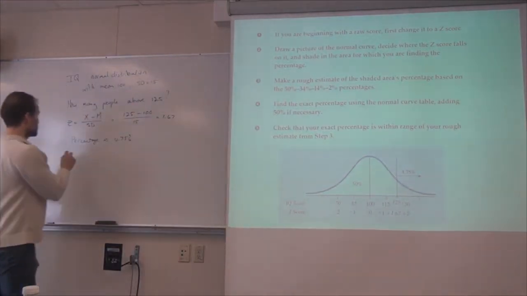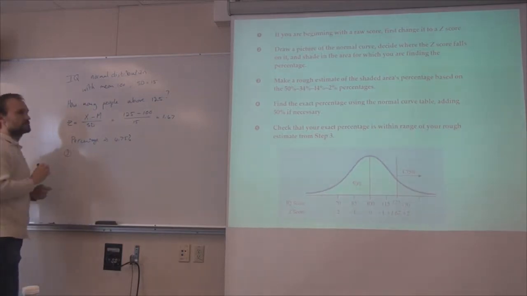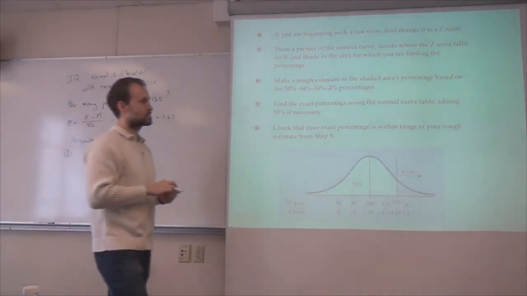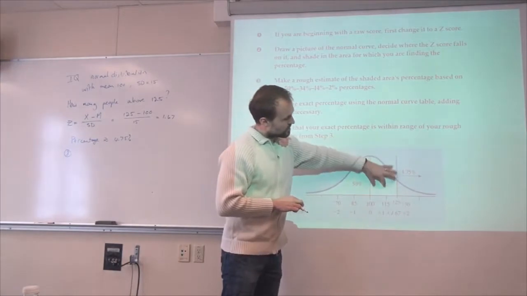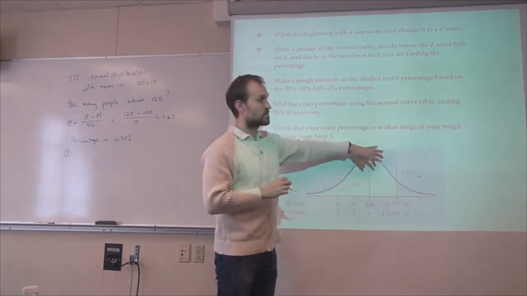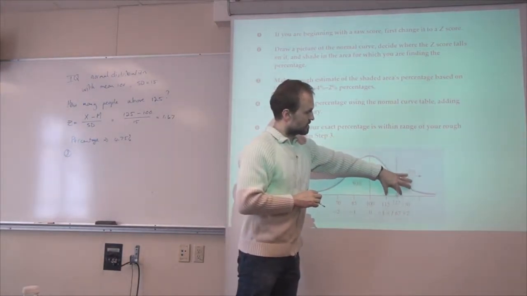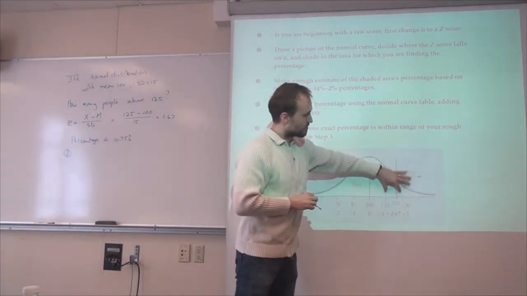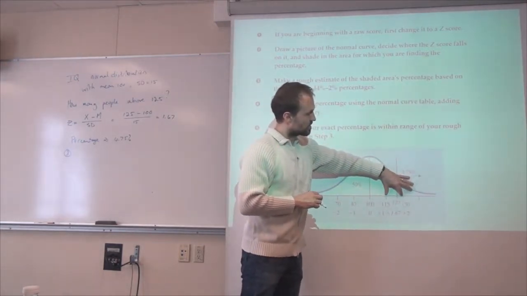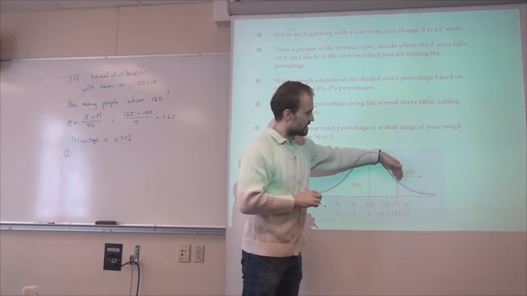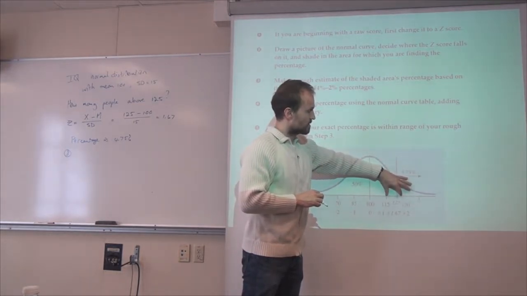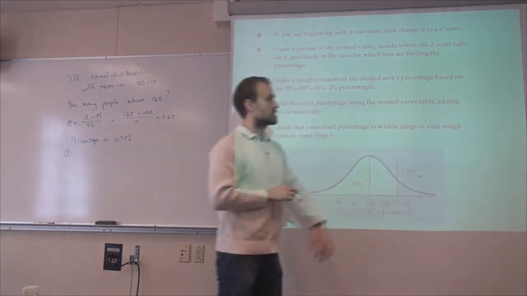But if we do step 3, what would our guess be? Well, this bit is 14%. It'll be similar to what we just did. This bit is, sorry, 34%, 14, and a 2. So a little bit of 14, maybe half. I know it's less, but it doesn't matter. Half of 14 plus a 2.